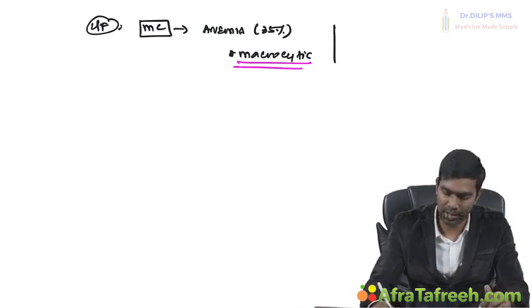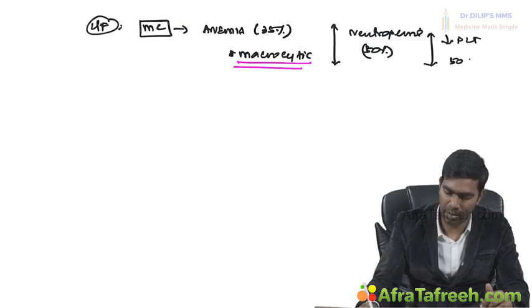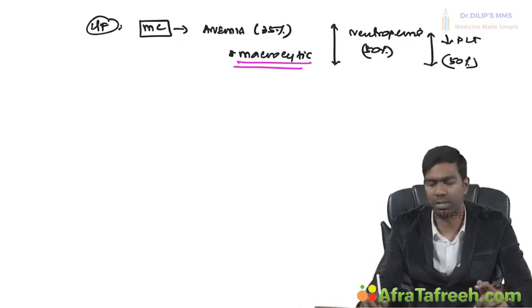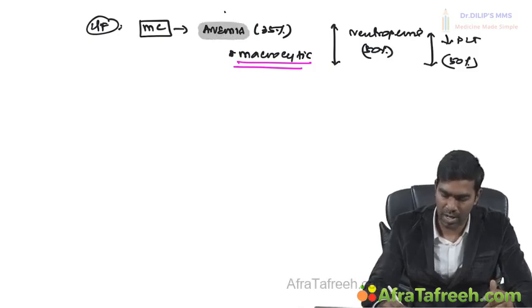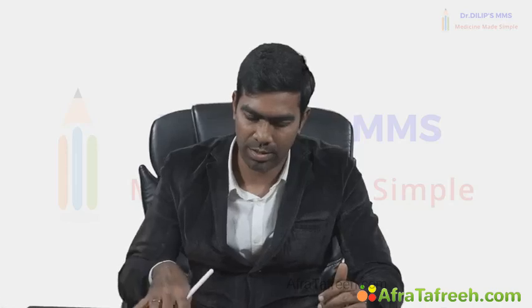At the same time, patients may also have a leukopenia, especially a neutropenia, seen in approximately 50% of the patients. And they can have a thrombocytopenia also, again approximately 50%, typically 40 to 65%, but for simplicity I can write 50% of the patients. So most common is going to be the anemia, seen in almost 85% of the patients.